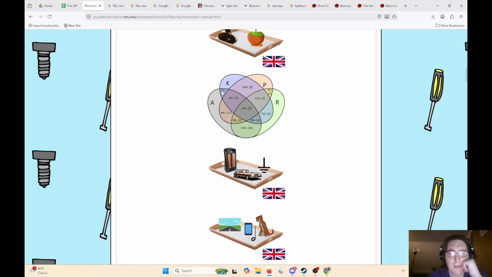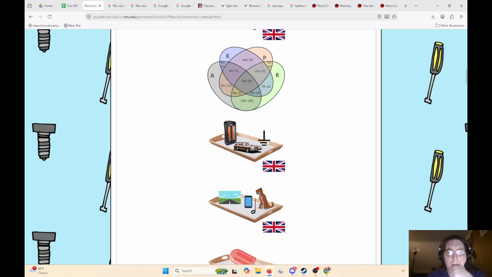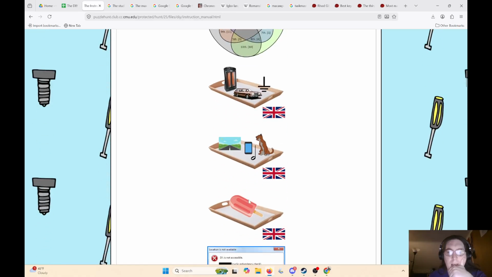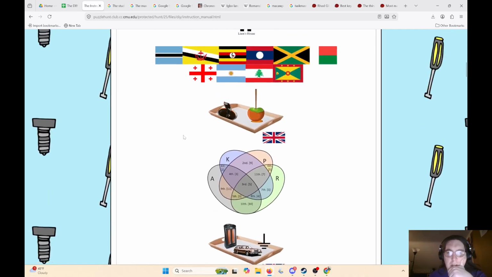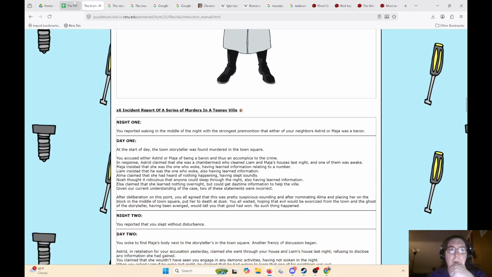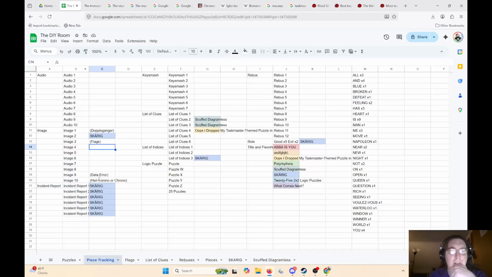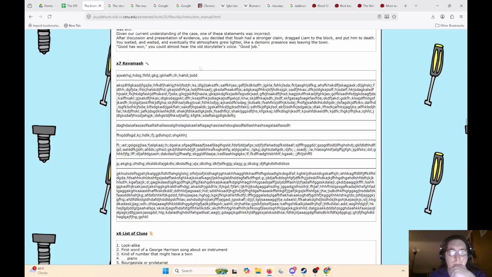Am I counting that correctly? 1, 2, 3, 4, 5, 6, 7, 8, 9, 10, 11. Yeah. We've got 5, 6, 7, 8, 9, 10. Interesting. We have Doppelganger, Data Error, and Chrono. We've got these key smashes, which who knows what's going on there.